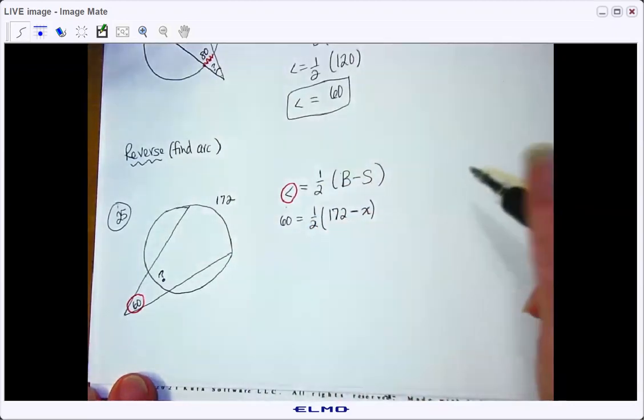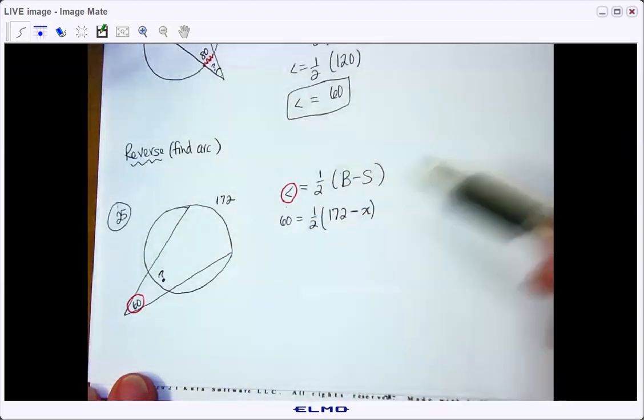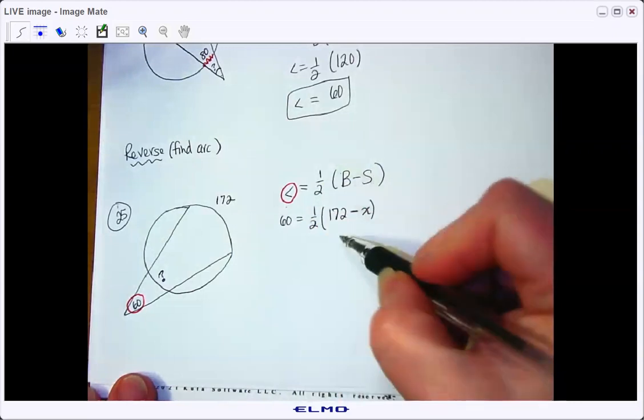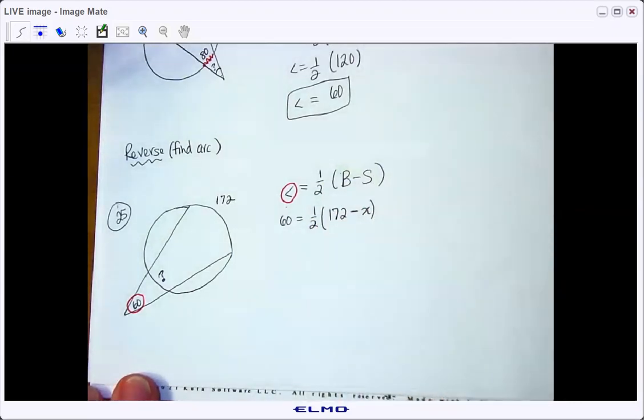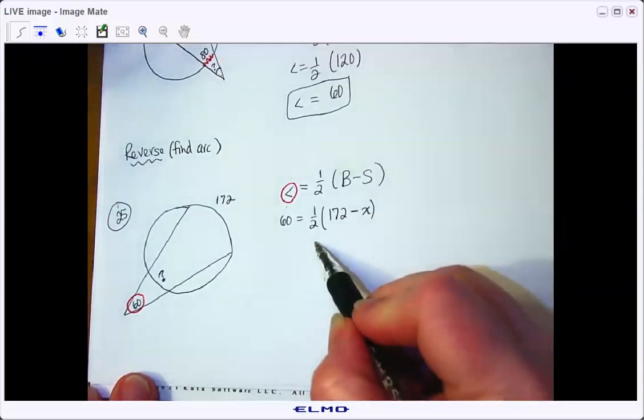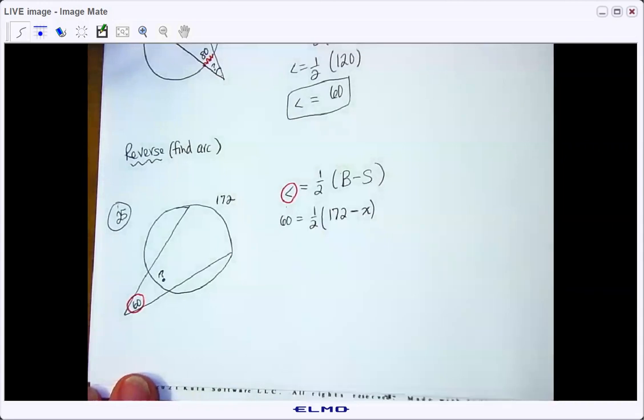Now before, when we did this, we just simplified and we got the answer. But this time, the X is inside the parentheses. So it means we have to get rid of the 1/2 first. How do we get rid of a divide by 2? Anybody?